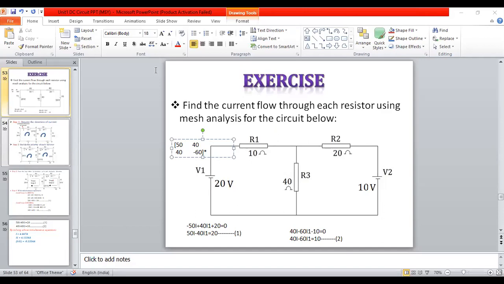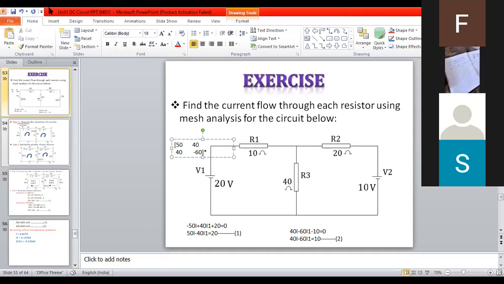Okay. Next, minus 40 into minus 40, 1600. So minus into minus is plus.